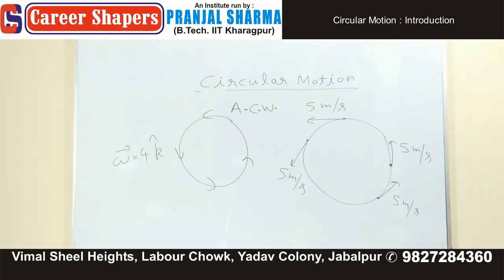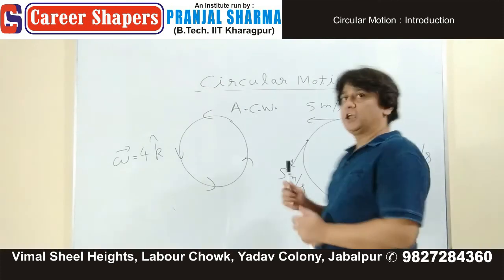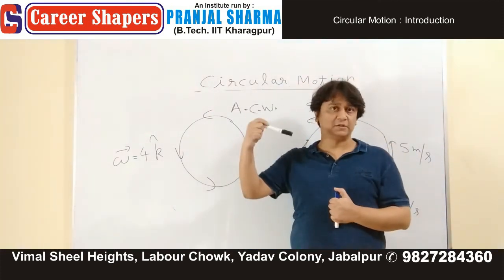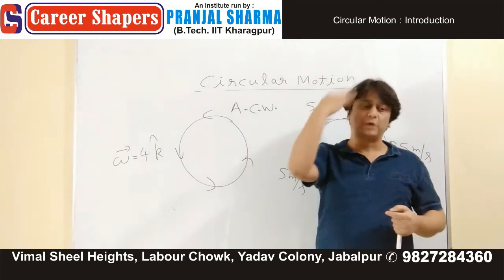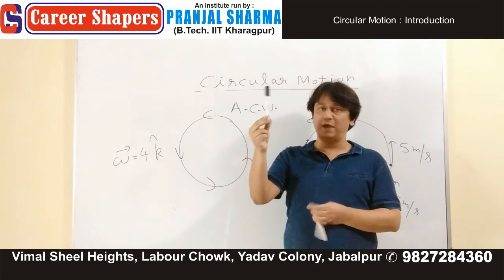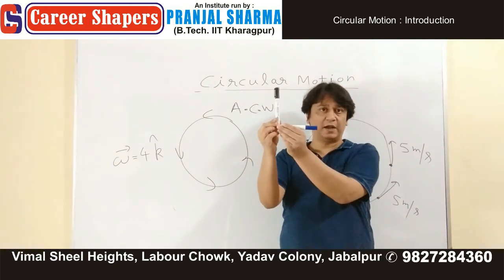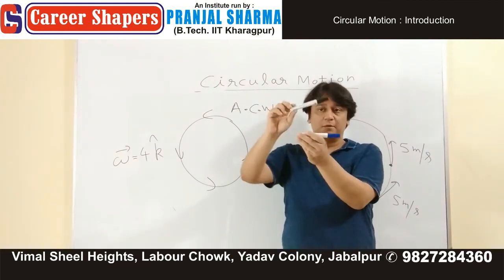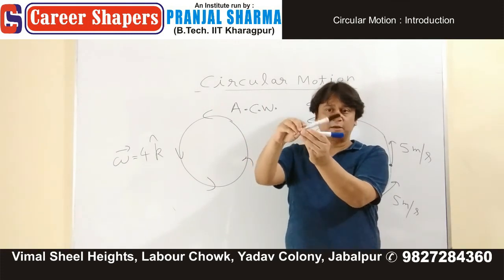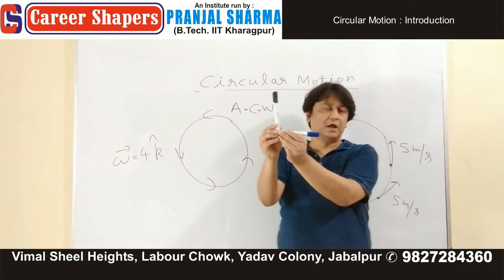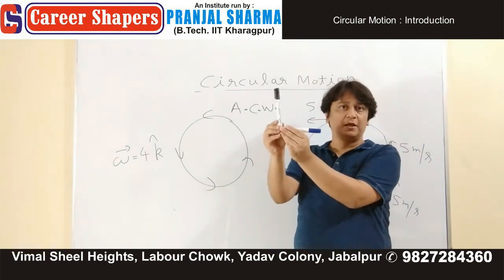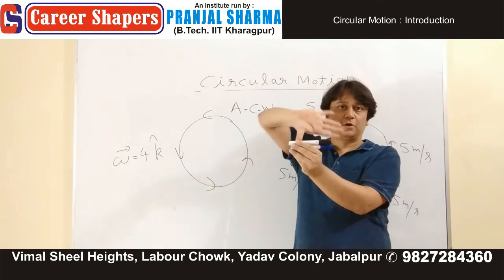Vectors. What I am saying is this: if you rotate something by 90 degrees, you can try this on your own later on. Take this marker. If I rotate it by 90 degrees about this axis, I'll call it 90 degrees k cap rotation.